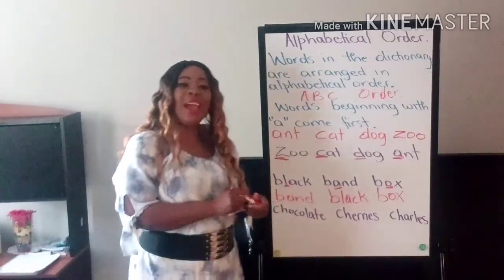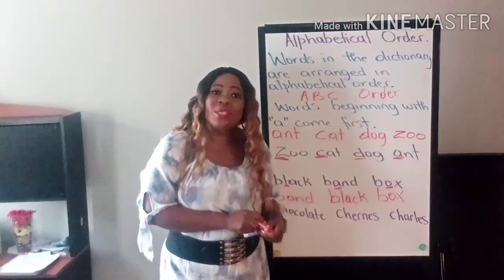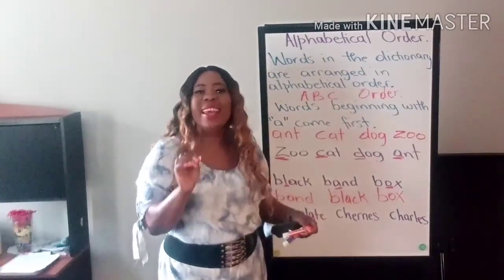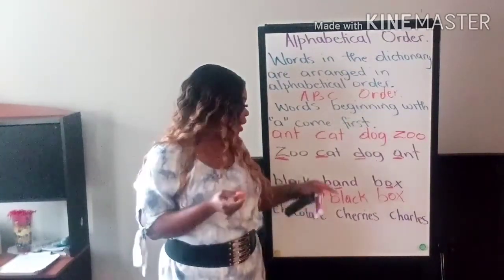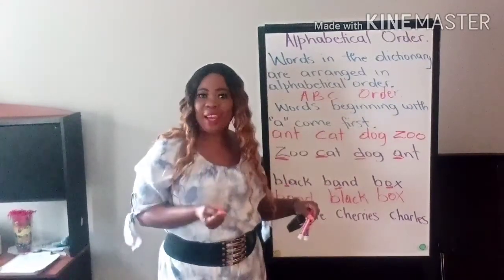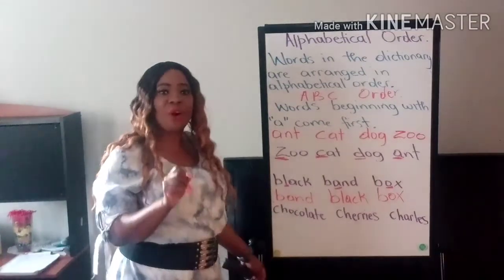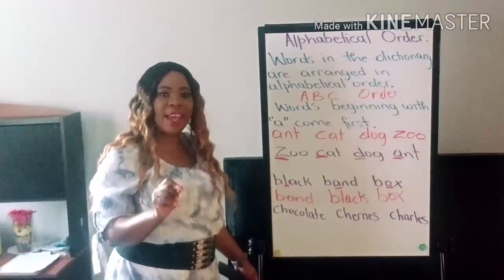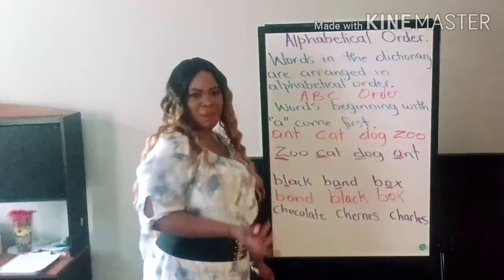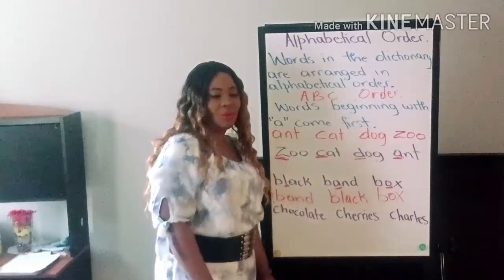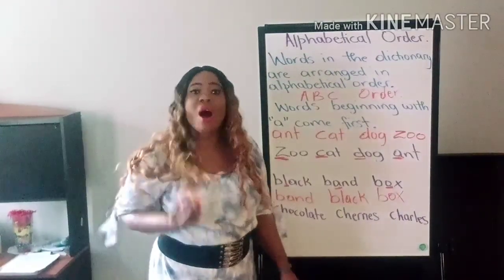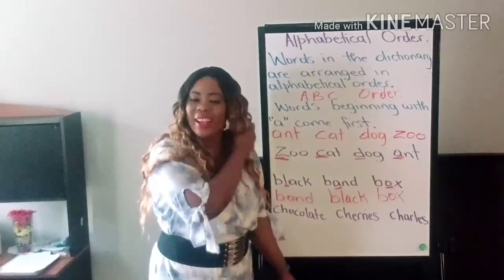Now, here is where it gets even more complicated than the first letters being the same, right? Here we have the first and the second letters being the same. But my genius, you know what to do. Of course you do. You go on to the third letter.